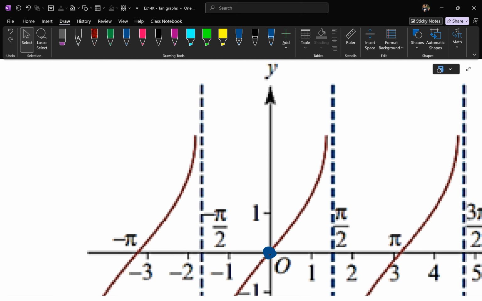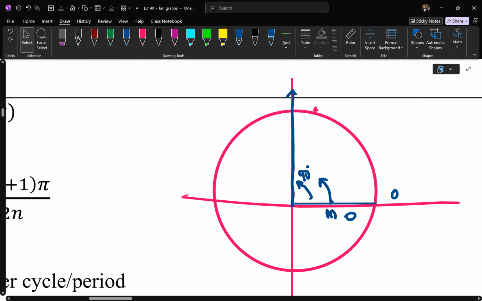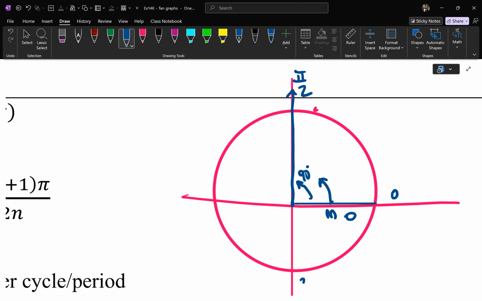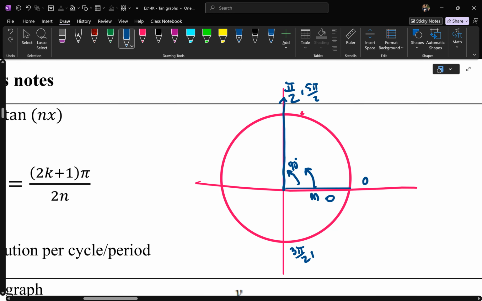But in the unit circle, when is it going to be a vertical line? It's at pi on 2. It's at 3 pi on 2. Because that's 1 pi on 2, that's 2 pi on 2, that's 3 pi on 2, this is 4 pi on 2, then you get back here, that's now 5 pi on 2, then 6, then 7 pi on 2.